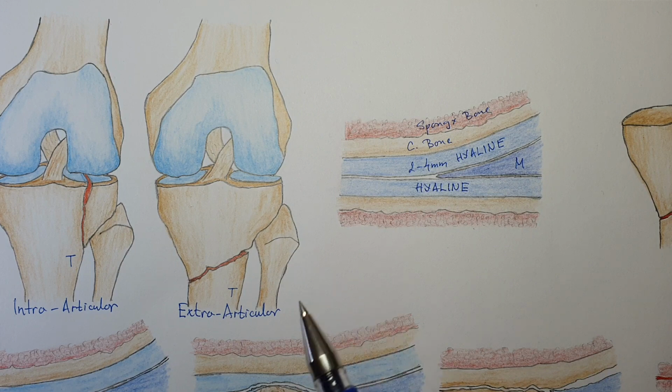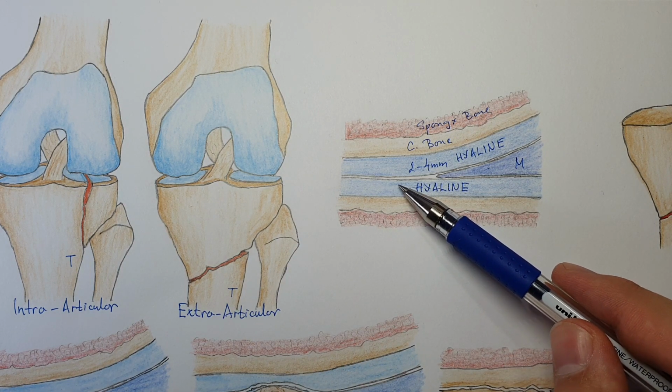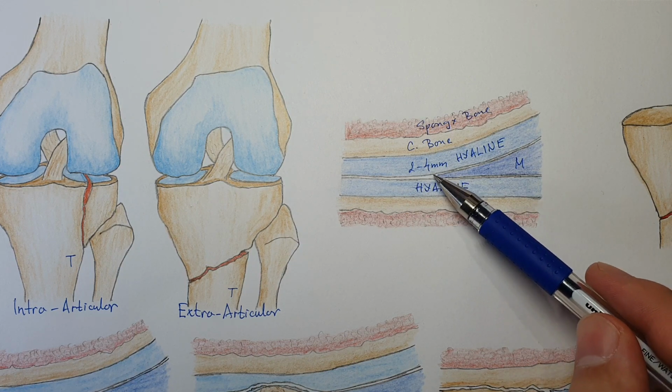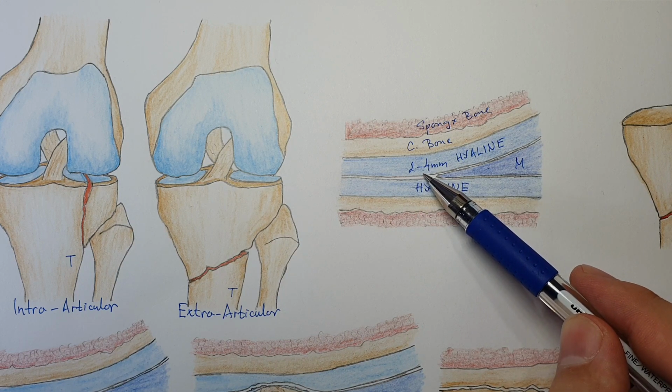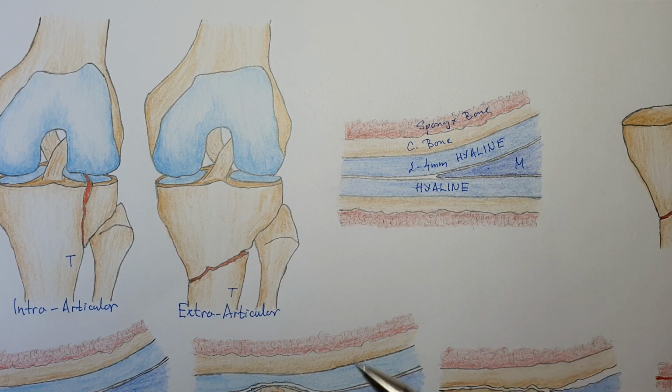And these movements are only possible because this cartilage is very smooth. If you would enter with a camera into the joint, you would see that there are no bumps in this cartilage. It is a very smooth, shiny and white surface.